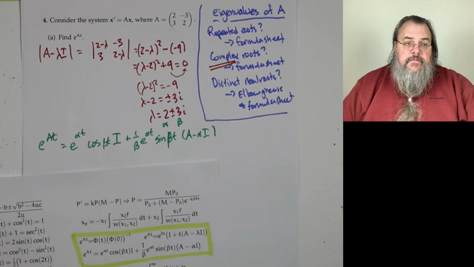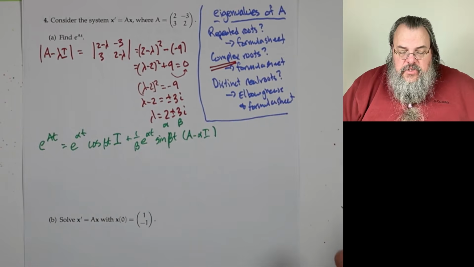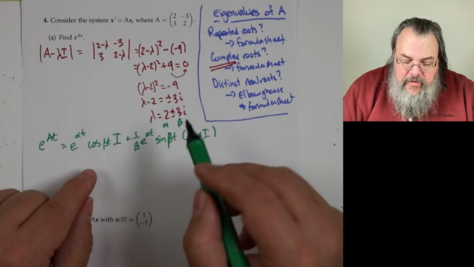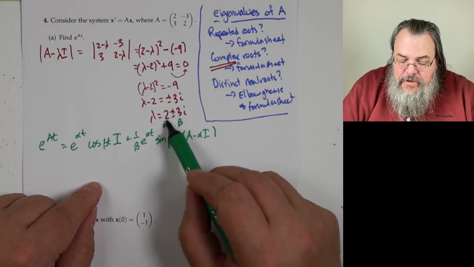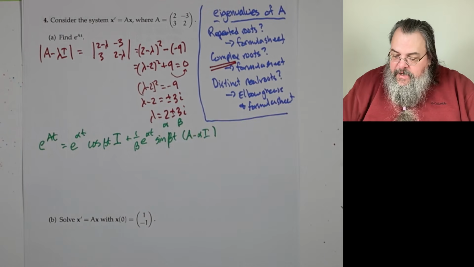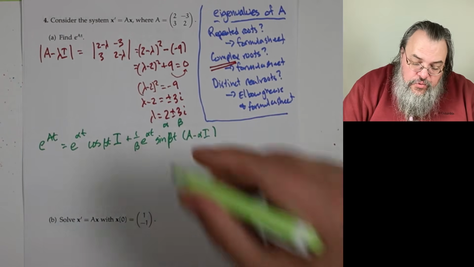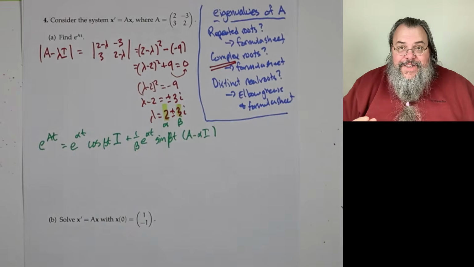I'm just copying right from the formula sheet. So we now have our pieces. We found our roots, our complex roots. The alpha is the real part, the beta is the imaginary part. Let me be clear about what alpha and beta are. Alpha is 2. Beta is the 3. Don't worry about the plus minus. It's the 3.